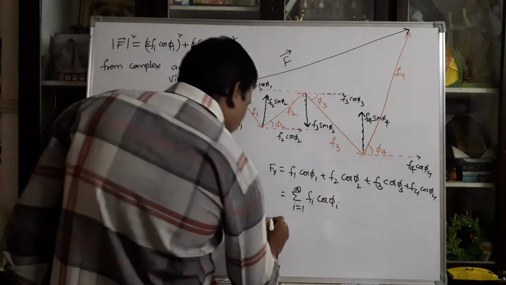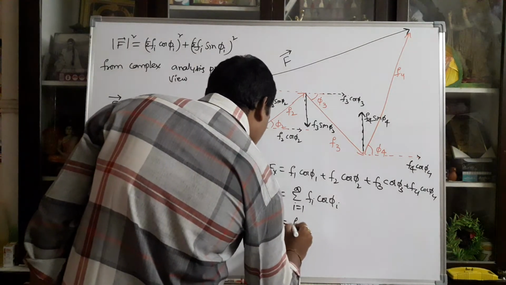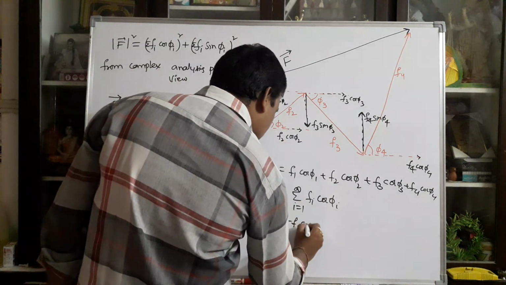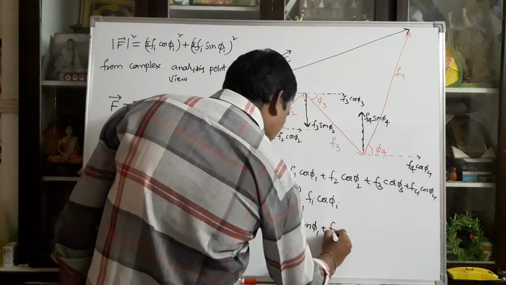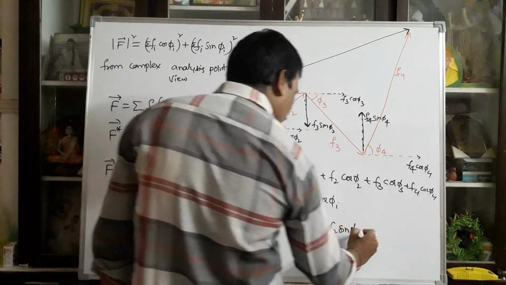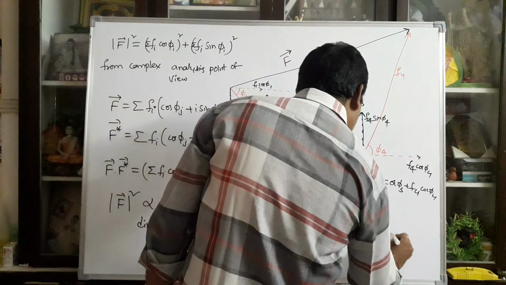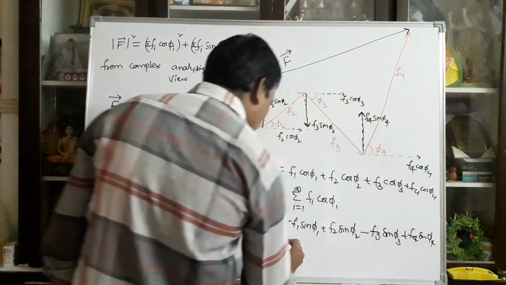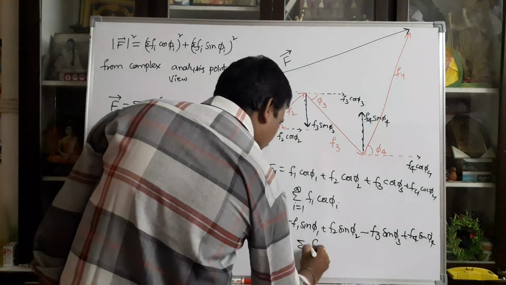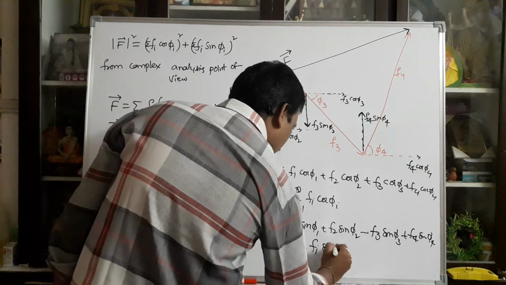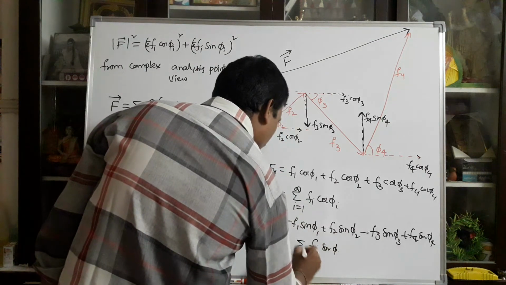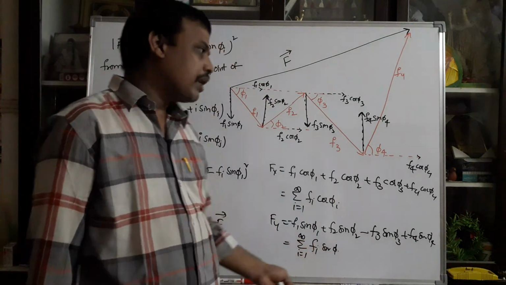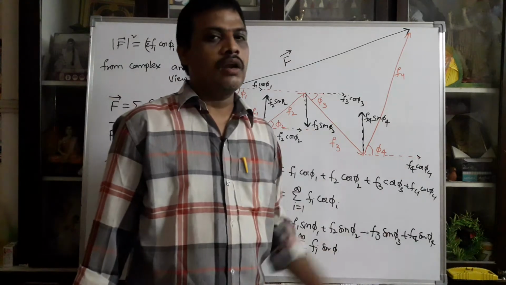Taking the downward direction as negative, Fy is equal to minus F1 sin phi 1 plus F2 sin phi 2 minus F3 sin phi 3 plus F4 sin phi 4. Up to an infinite number of atoms, this is sigma Fi sin phi i, with i from 1 to infinity. This is the generalized form, but according to our notation we get alternating positive and negative signs.